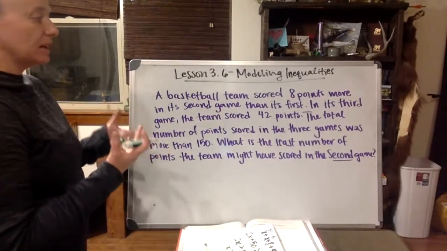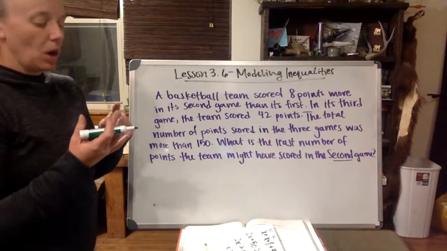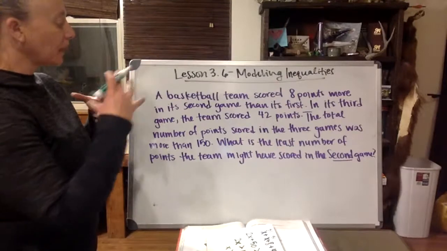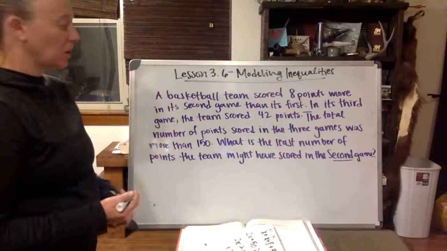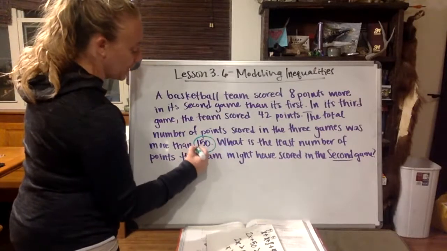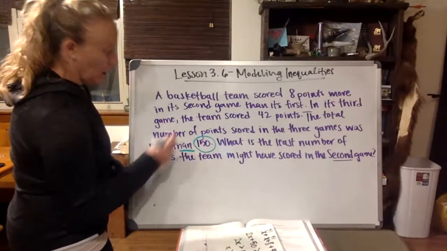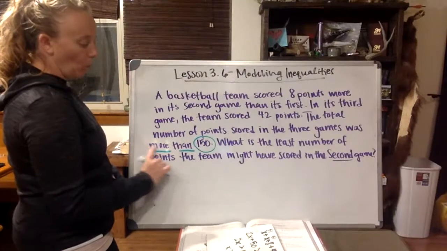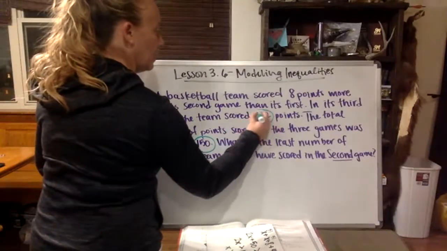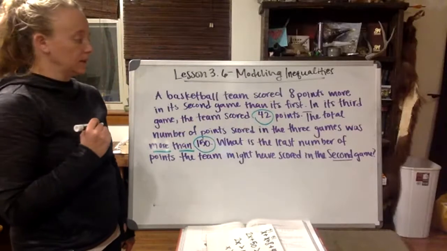If I look at these sentences, I need to identify what is a variable in here, what does that variable mean, and then I need to sort of set up my inequality. So numbers that I need to pay attention to. We have 150, and we need our other points to be more than 150. We have the third game being 42 points.